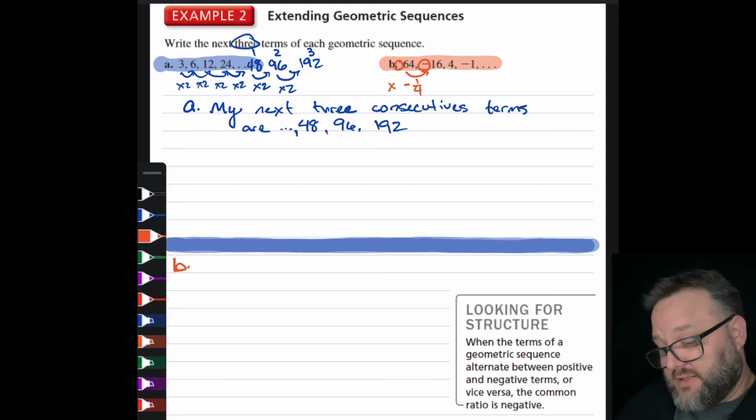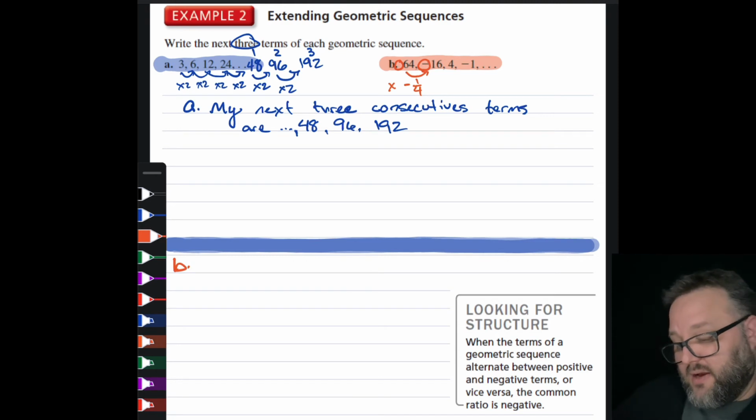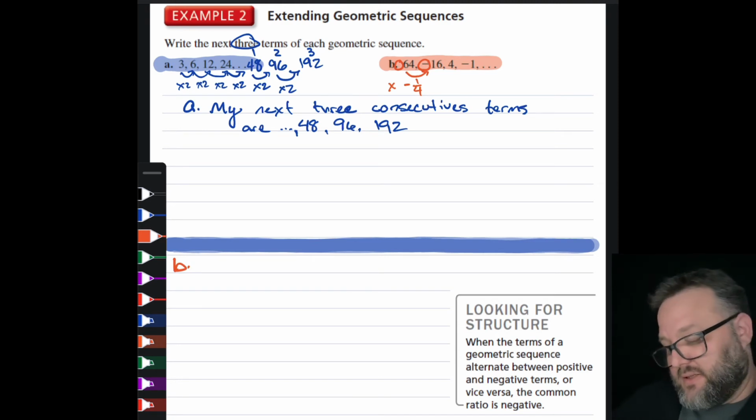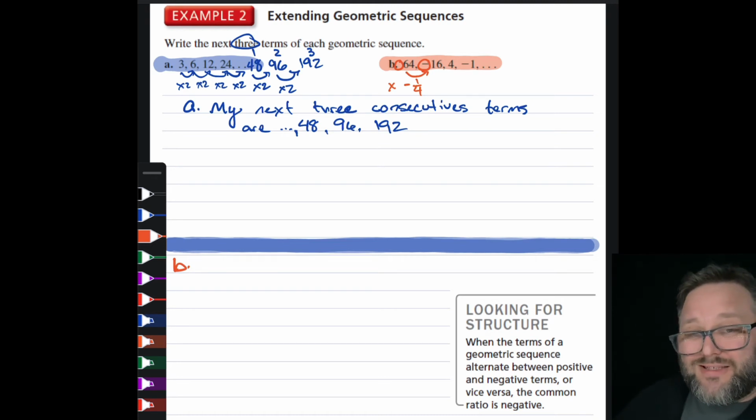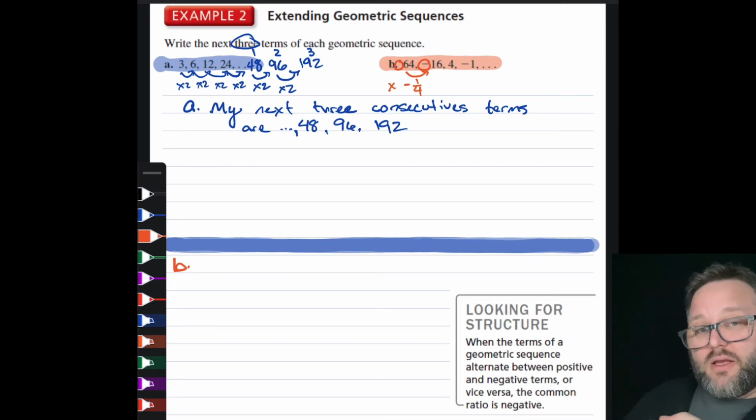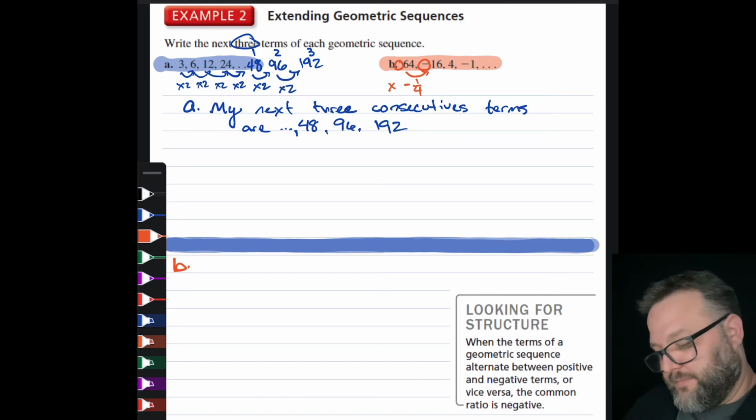If I take 64 and divide it by negative 4, I'm going to get a negative 16. And the way to represent division through multiplication is to invert. So I've been dividing by 4, and I'm actually going to multiply by 1/4, or 4 flipped.